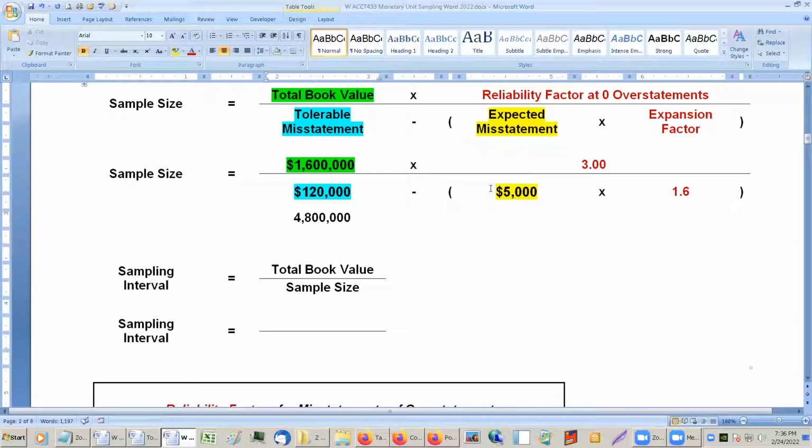On the bottom, I would probably do this part first: multiply and then subtract. So 5,000 times 1.6 is 8,000, and 120,000 minus 8,000 is 112,000.